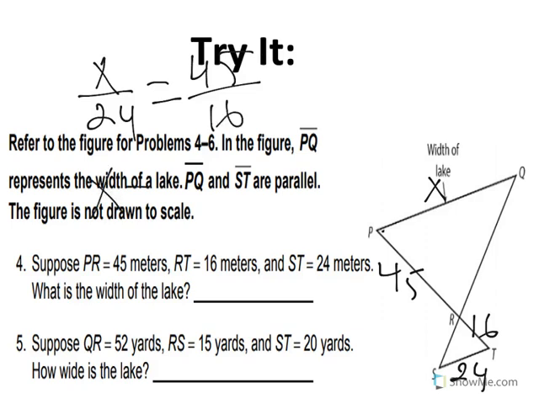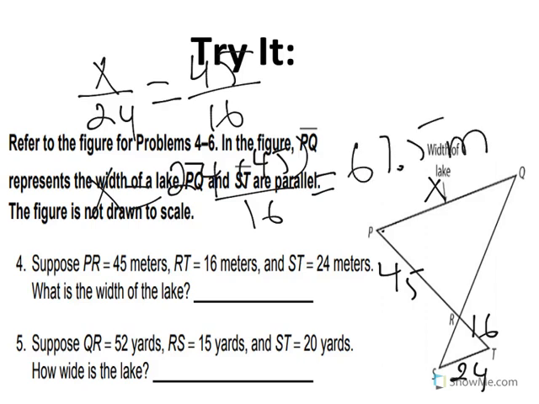So then X equal to 24 times 45 over 16. Okay, and then from there just use your calculator. So then X is 67.5, and this is in terms of meters.